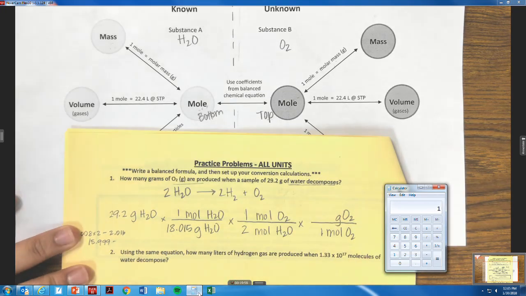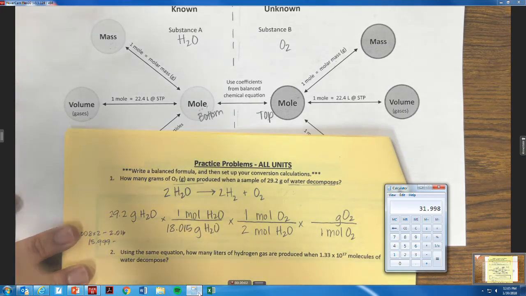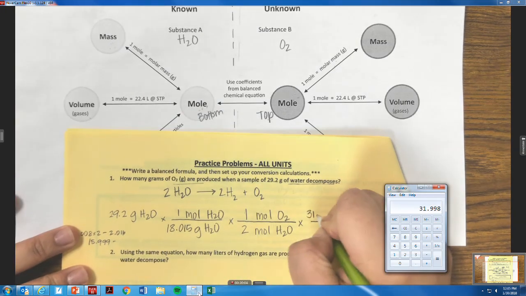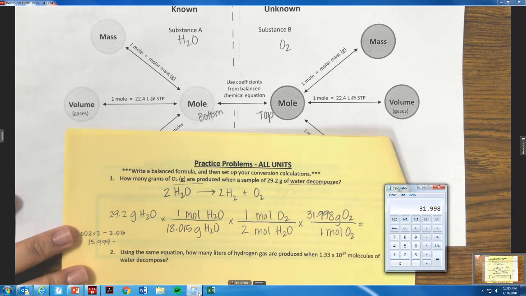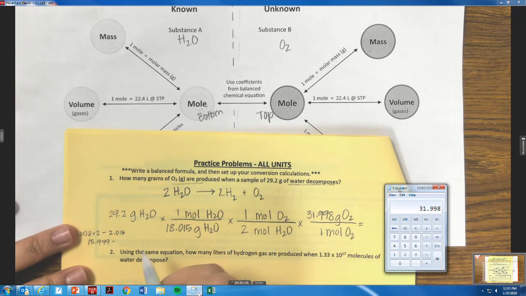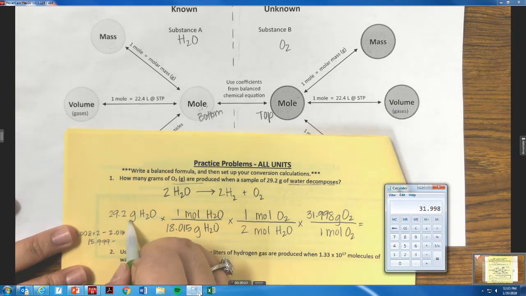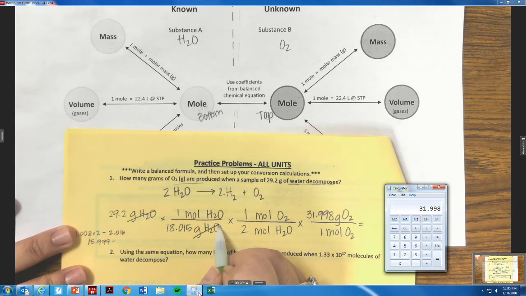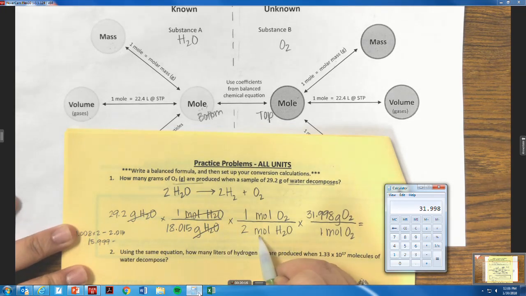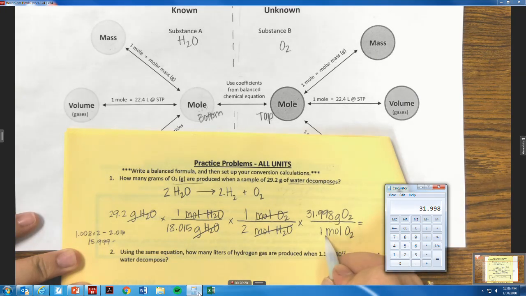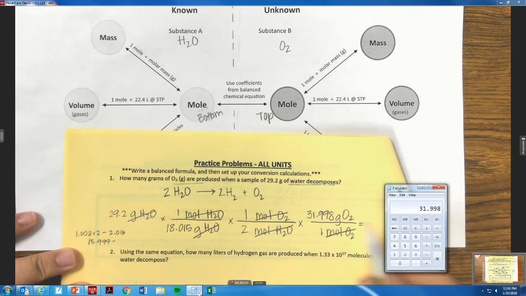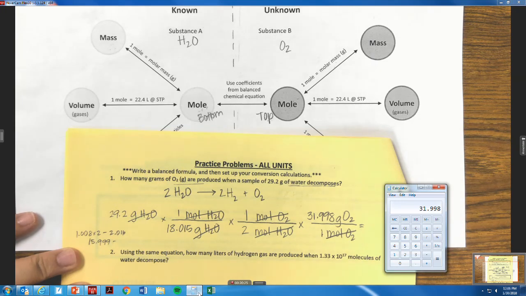So oxygen, 15.999 times 2, that's 31.998 grams. Then we can go ahead and cancel out our units. Grams of water cancels grams of water, moles of water cancels moles of water, moles of O2 cancels moles of O2, and we're left with grams of oxygen.